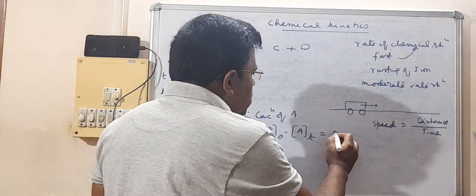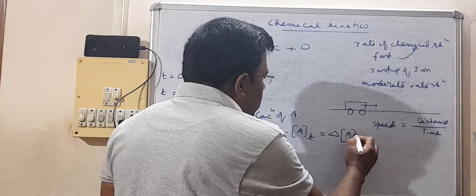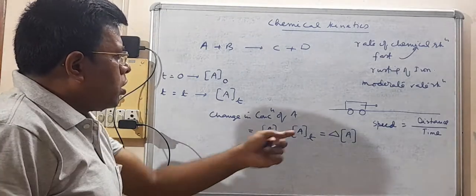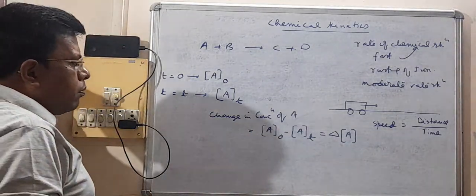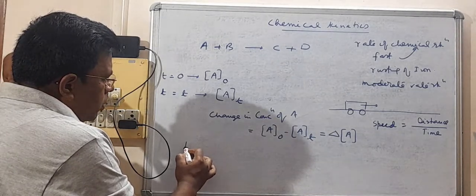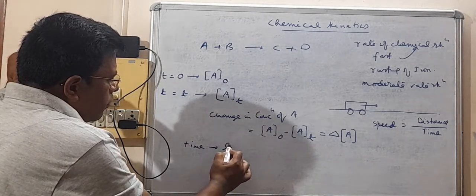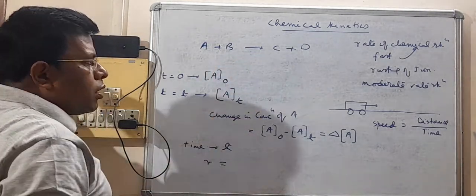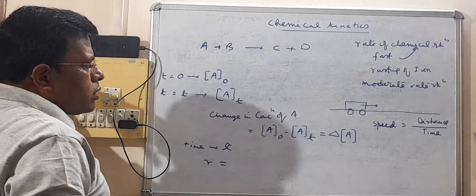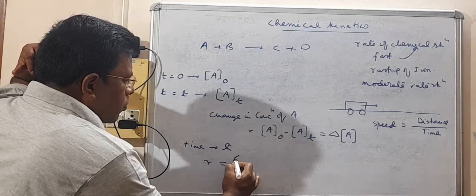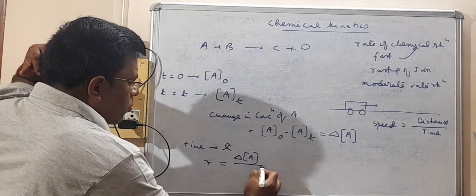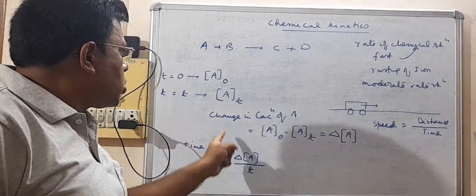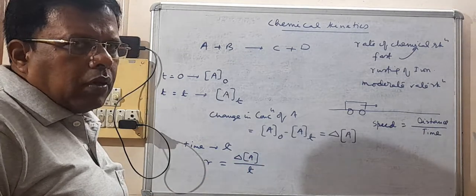Now this change in concentration, suppose we are representing it by this. And suppose this change has taken place in time t. So we can say the rate of this chemical reaction is the change in concentration of A by the time taken.